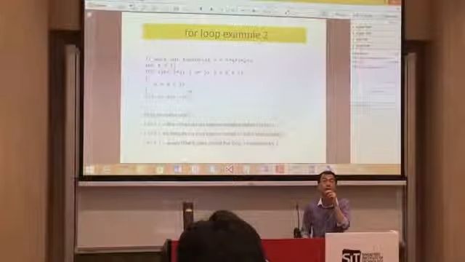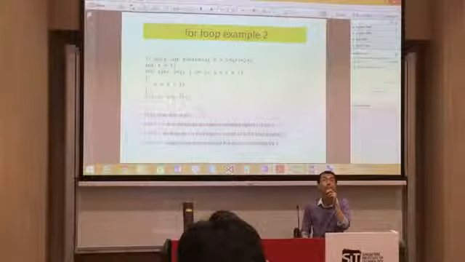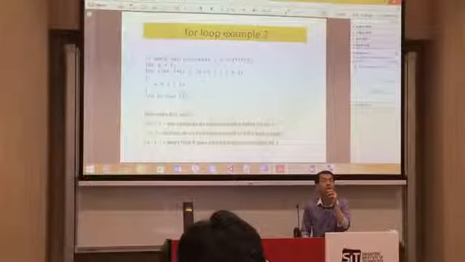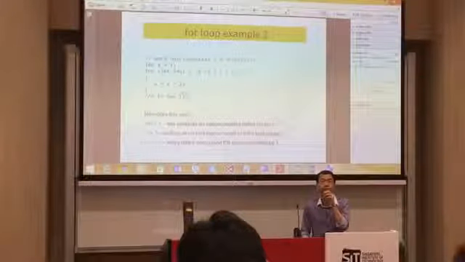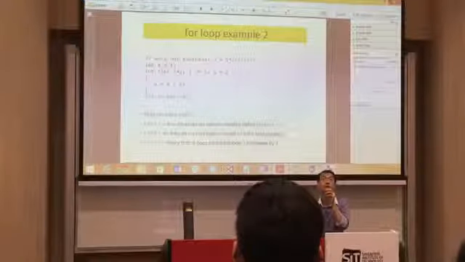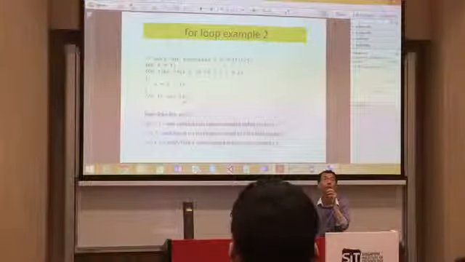So what is the result of this one? Basically, it's the factorial of 5: 1 times 2 times 3 times 4 times 5. Think about it. This is actually the factorial of 5.